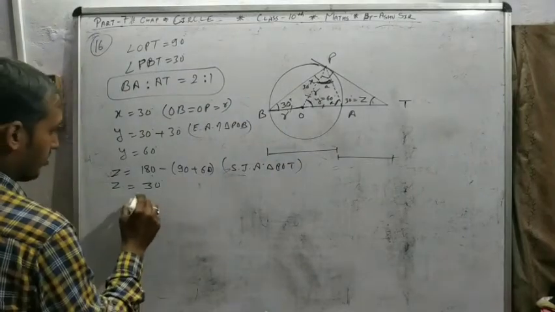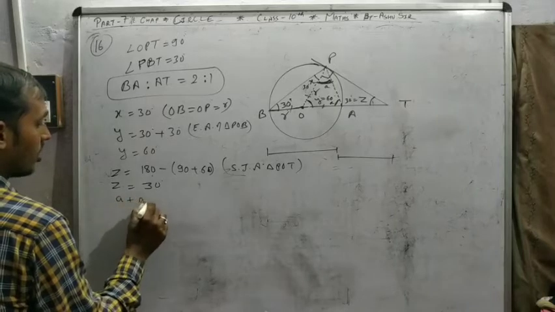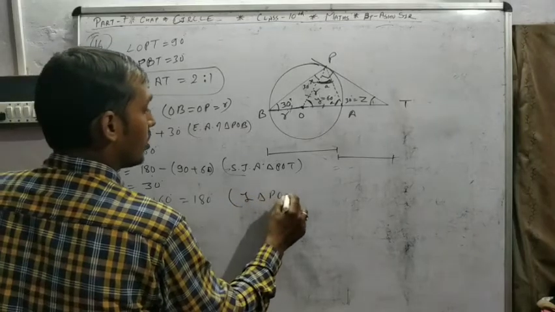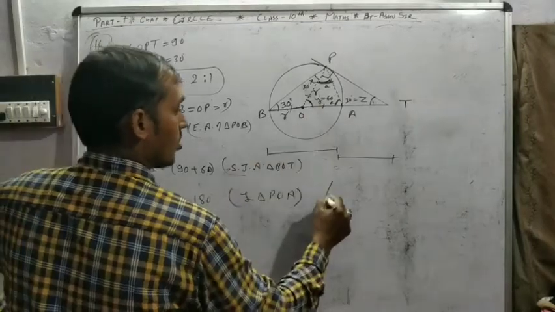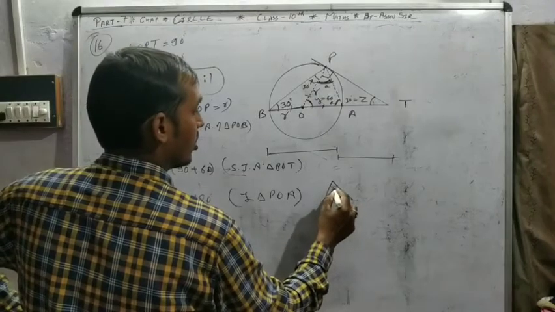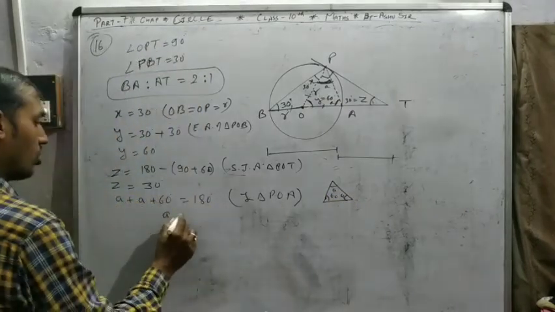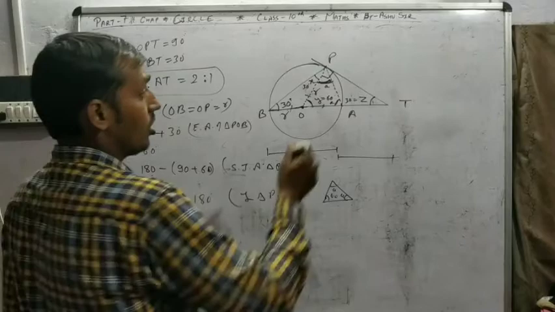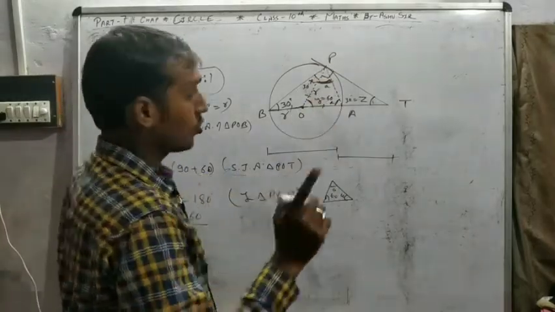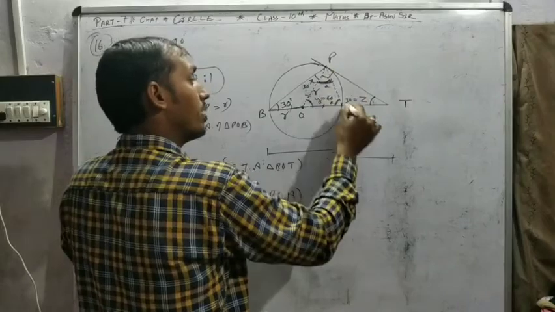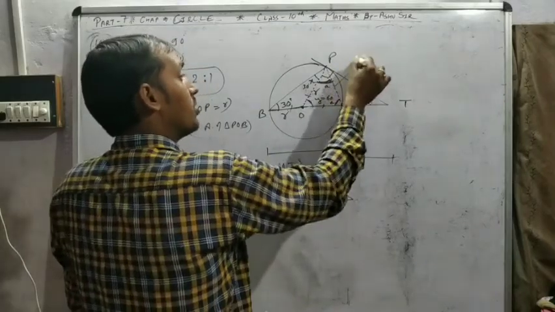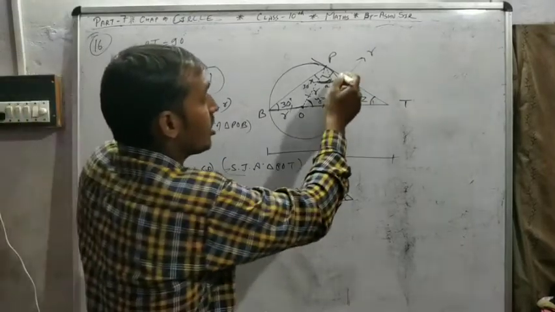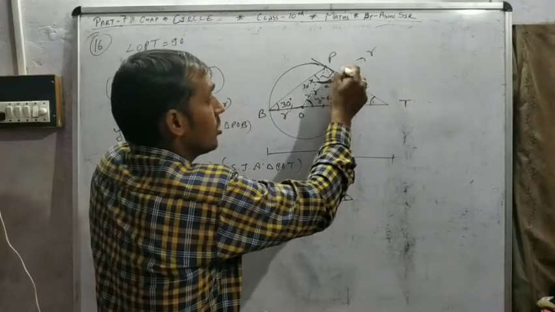Means A plus A plus 60 is equal to 180 degrees in triangle POA. So A is equal to 60 degrees. Means this is an equilateral triangle. So what is the value of this PA? This PA is also R. And the remaining angle this is also 30.